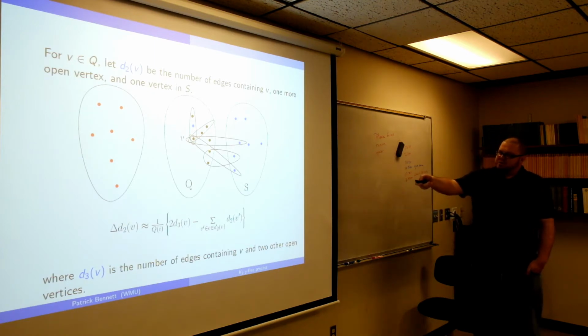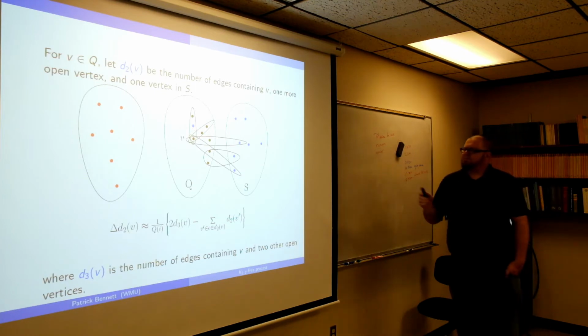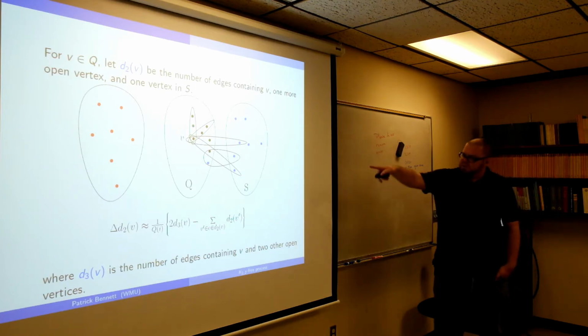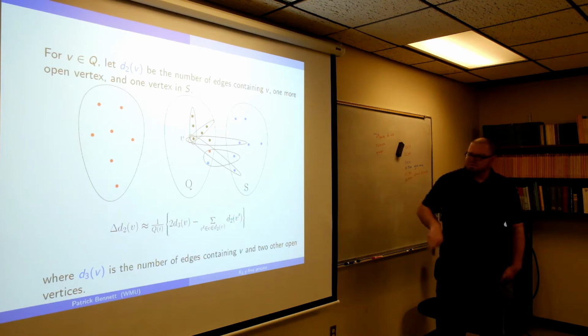Well, I could choose that vertex, but more likely, it turns out, the more likely way I could lose this is if I closed that vertex, meaning it's going to turn red. In other words, the most likely way for this to get lost is if I choose a vertex like that, and that'll turn that one red.